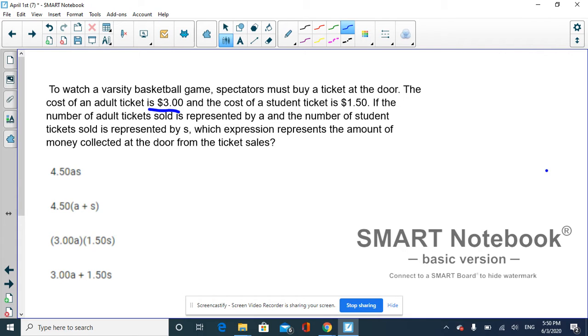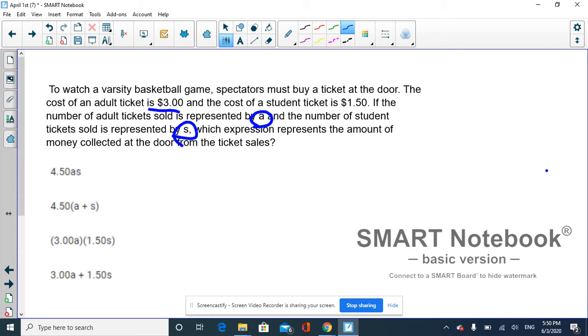If the number of adult tickets sold is represented by A, and the number of student tickets sold is represented by S, which expression represents the amount of money collected at the door from the ticket sales?